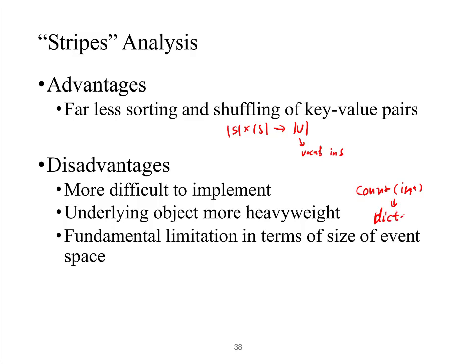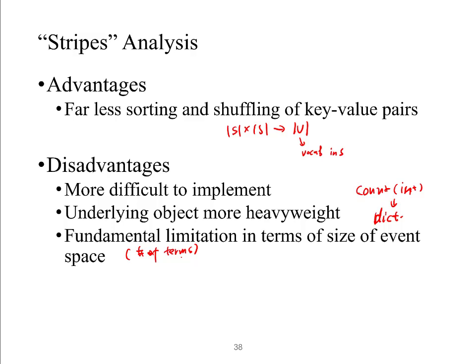And the third thing is that there is a fundamental limitation in terms of the size of the event space, which is the number of terms. That is to say, you have to fit the total stripe in memory in order to do this reducing to sum them together.